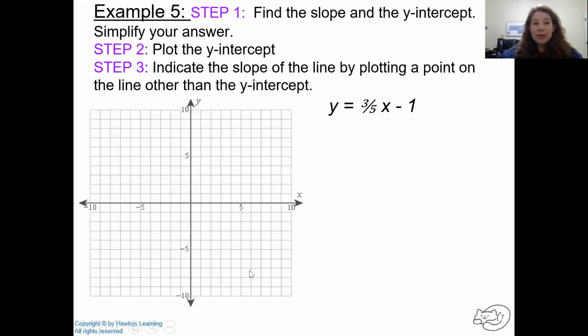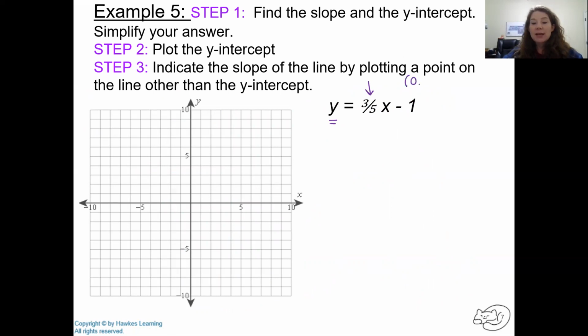All right, now we are going to graph this line from this equation. So this is already written in slope-intercept form. So how do I know that? It's because it's written y equals. Slope-intercept form is always y equals the slope times x, so that's our m, and then -1 is our y-intercept.